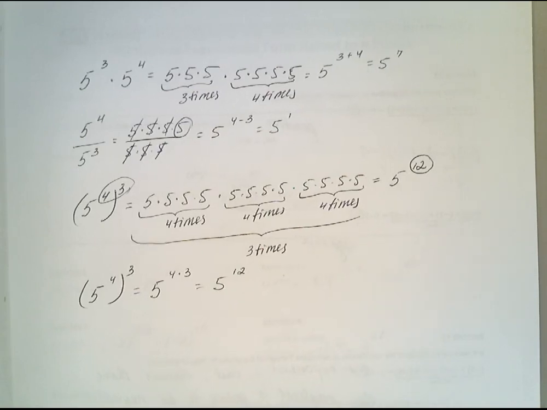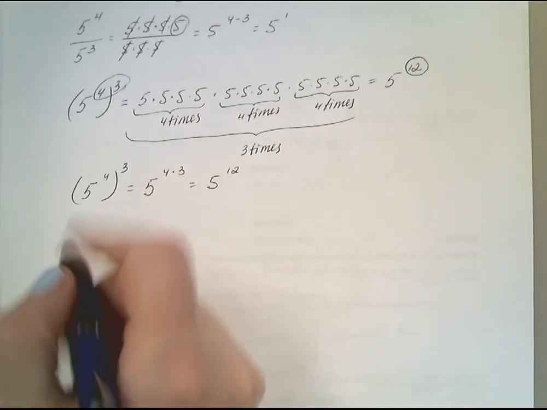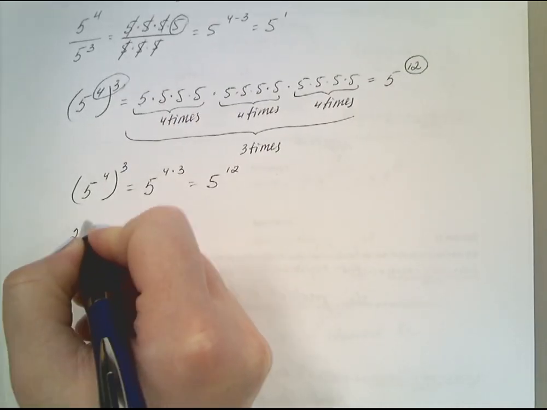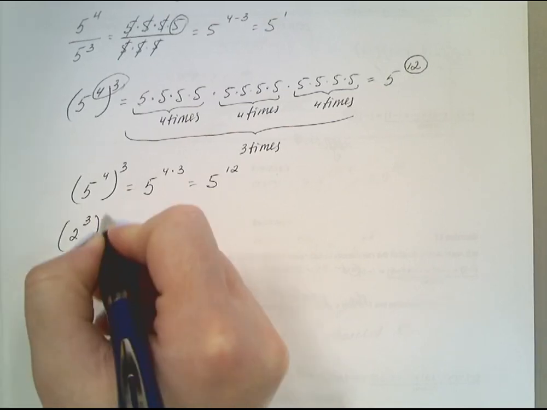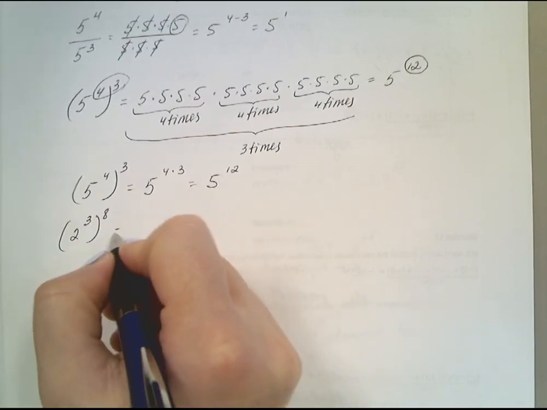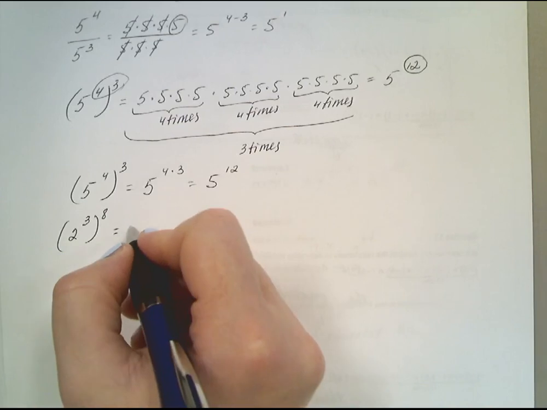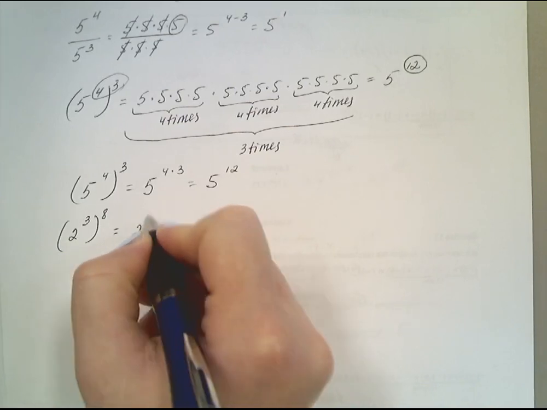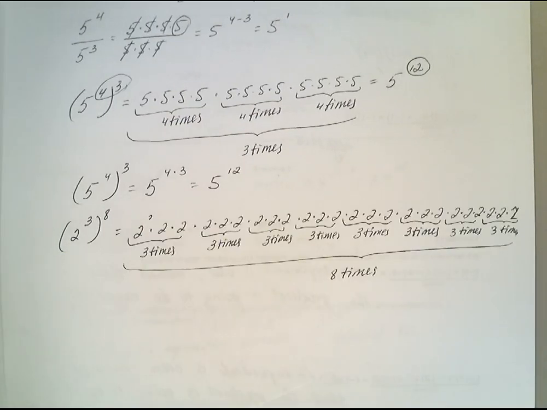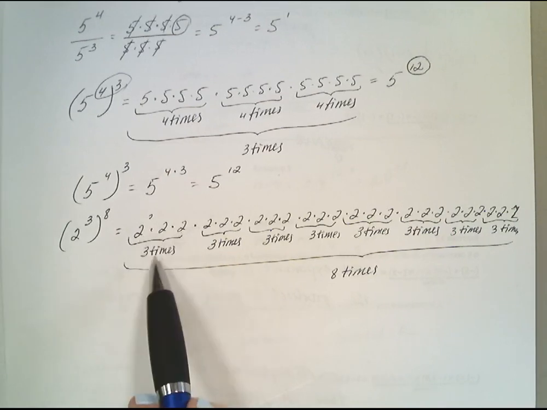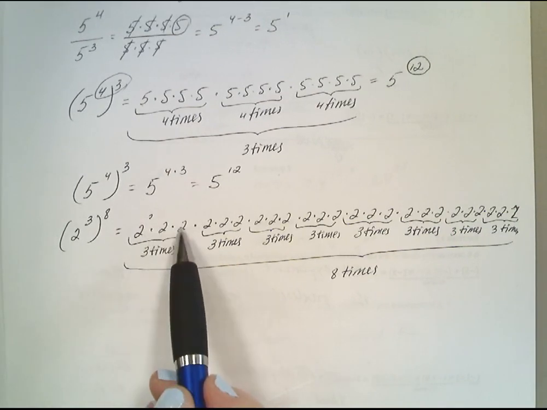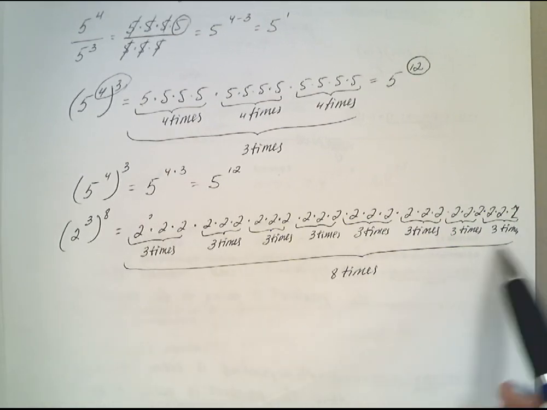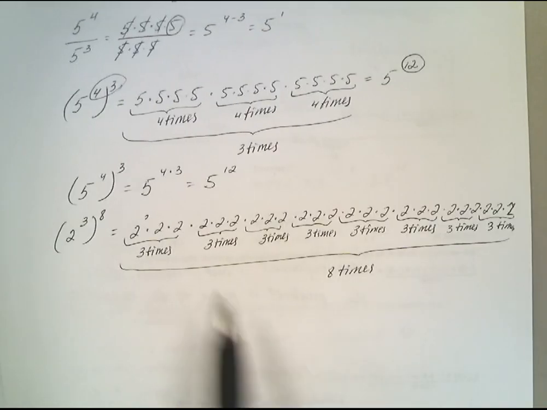Okay, let's take a look at a different example. 2 to the third raised to the 8th power. Again, if I were to rewrite it, it would look like this. I wrote 2 to the third power, which is 2 times 2 times 2, multiplied by itself 8 times.